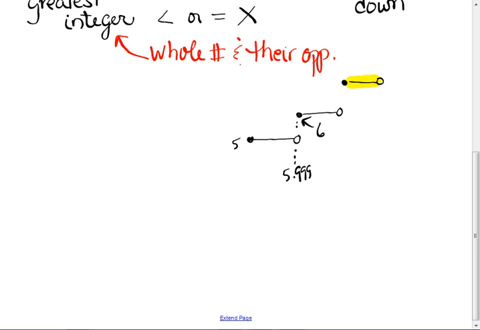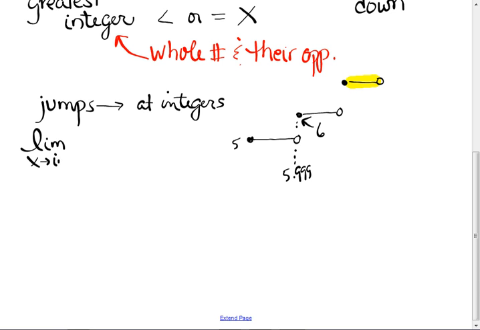So the jumps, or the breaks in the graph, or however you want to say it, are what kind of numbers? Whole numbers, or they're integers. At the integers. Well, that's what kind it is, but what's the problem with it at the integer? The limits don't exist. That's right, excellent. As x approaches an integer of the greatest integer function, those limits don't exist.